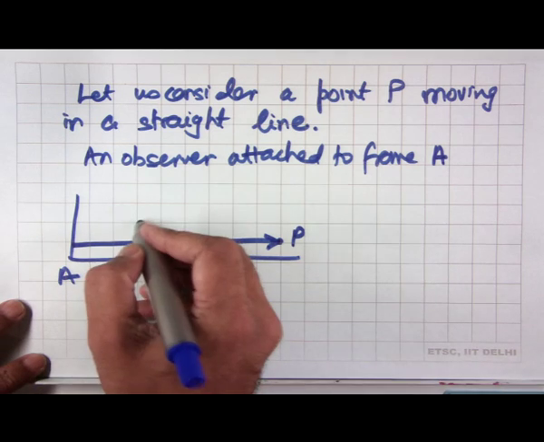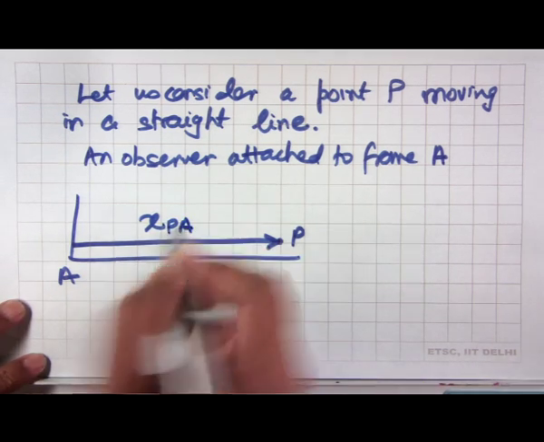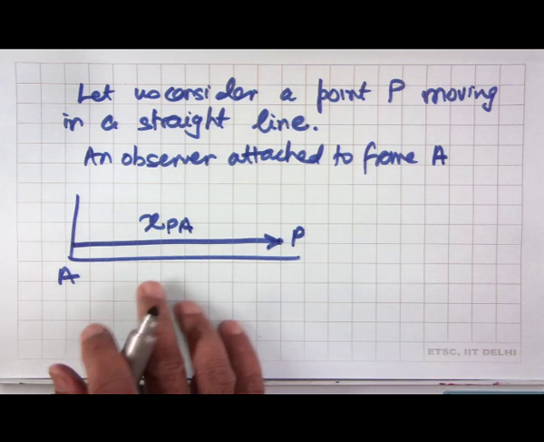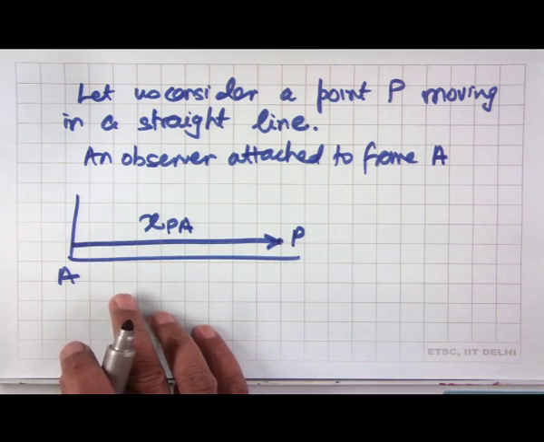So, the location of P as measured by frame A, we denote by XPA.